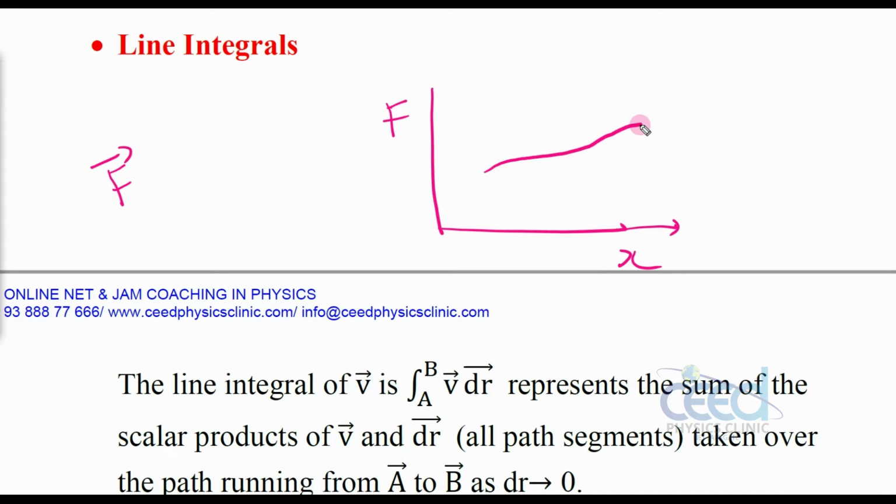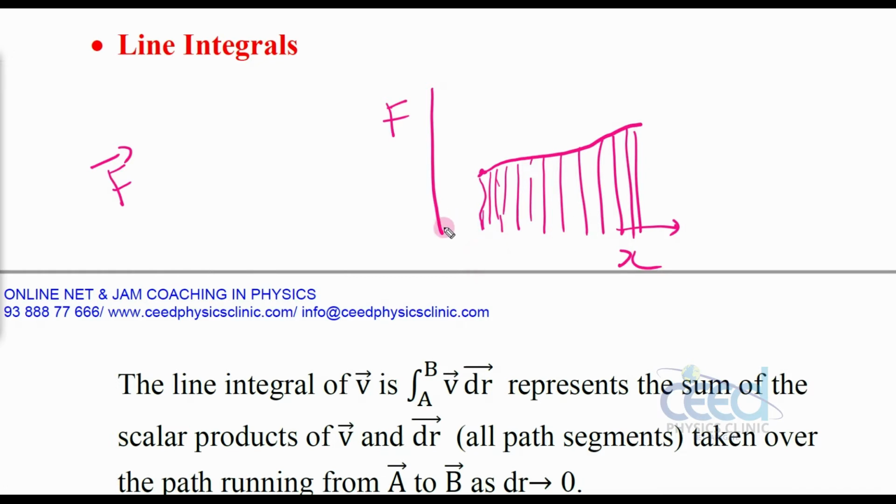Now to get the complete net work done, you consider small segments like this, each having the length dx. You divide it into a number of segments from point A, and you can consider a segment anywhere.